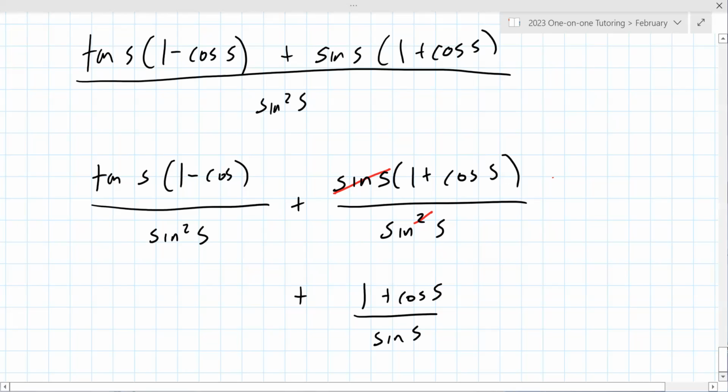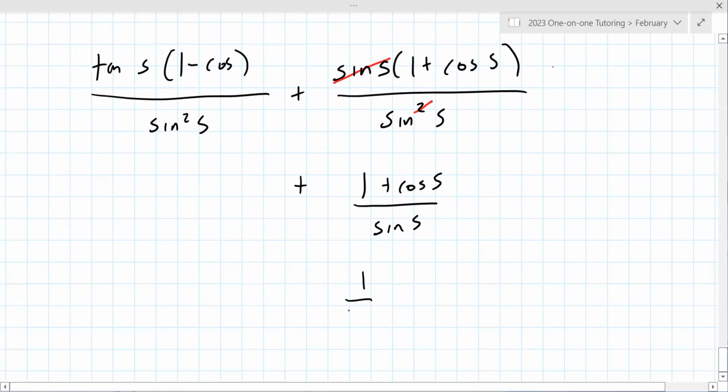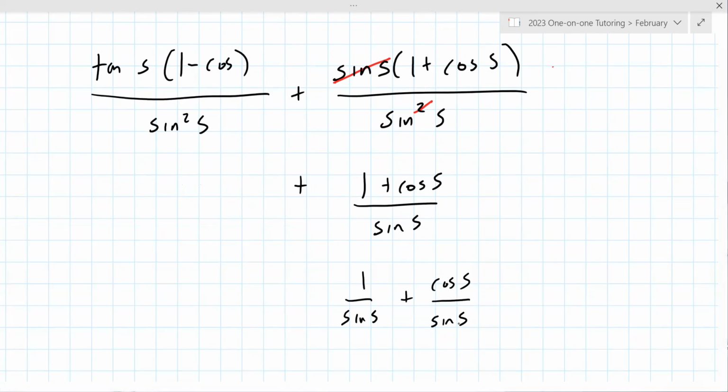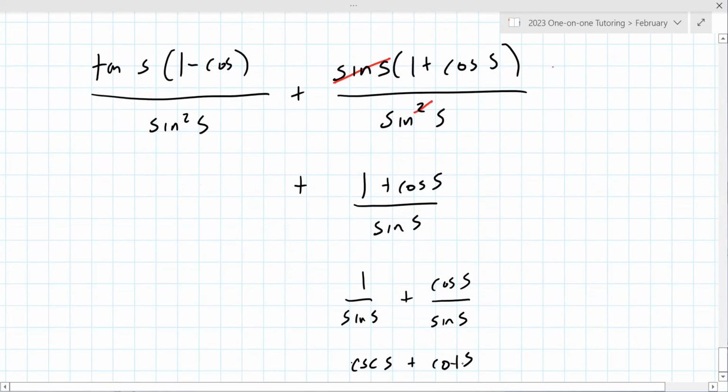Just like the previous one, you have to divide both of them by the sine s. Oh. And then now it'd be 1 plus cotangent s. What about the 1 over sine s? What is that? Oh, that's cosecant. Cosecant s plus cotangent s.